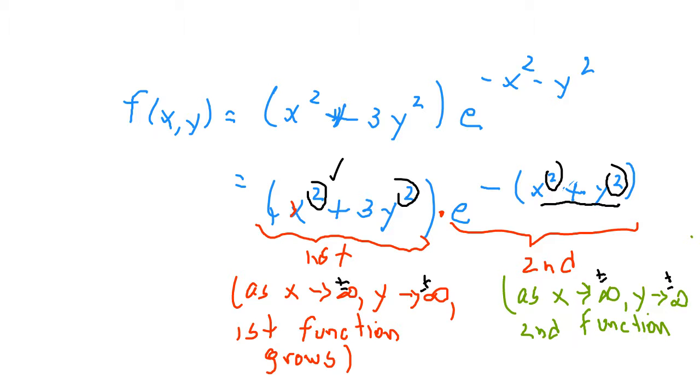What do you think? If you have e to the negative infinity, that's 1 over e to the positive infinity, right? So that's right, Norita. So this decreases.